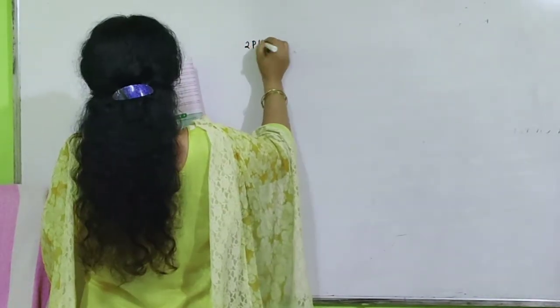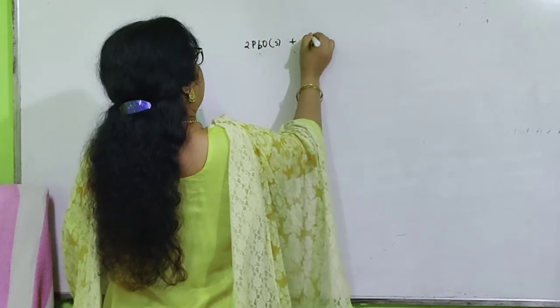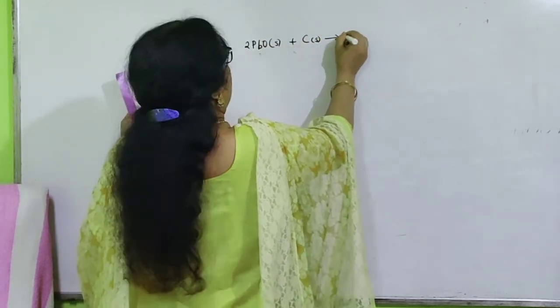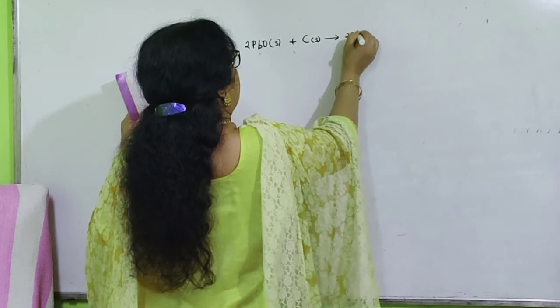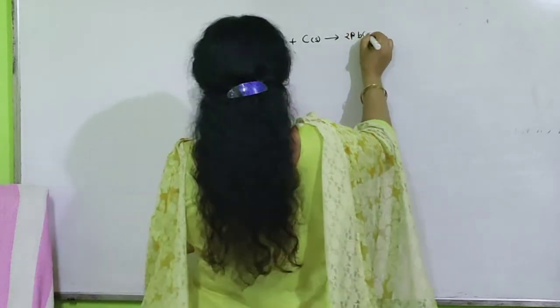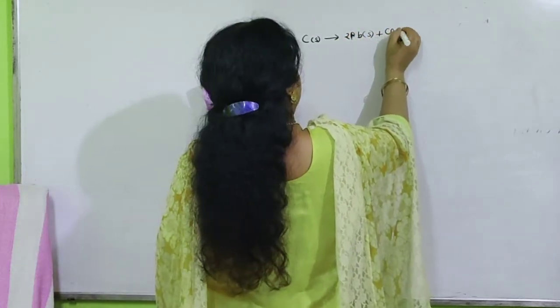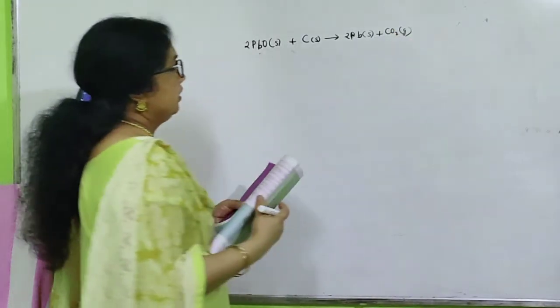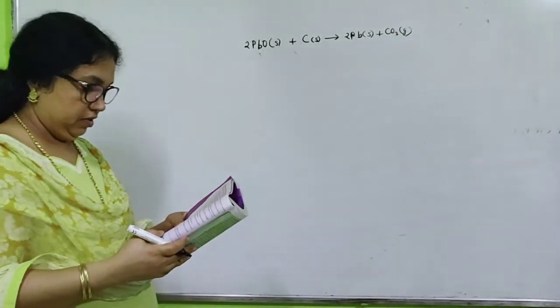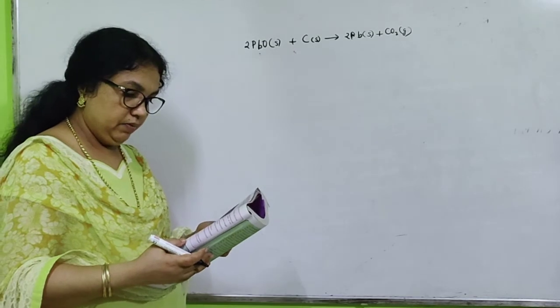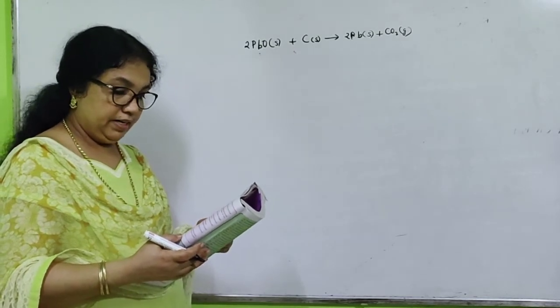PbO plus carbon gives 2Pb plus CO2 gas. This reaction is given and it asks which of the statements are incorrect.